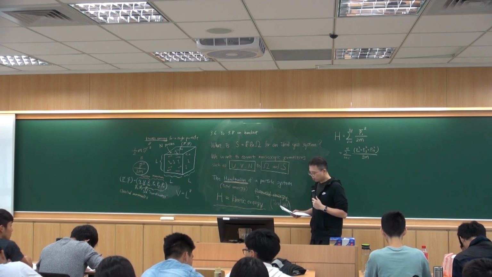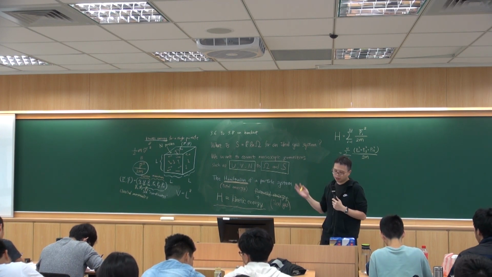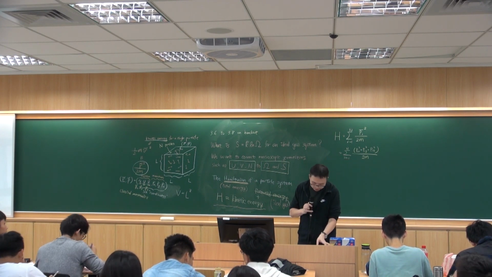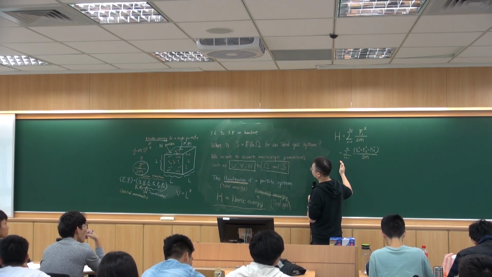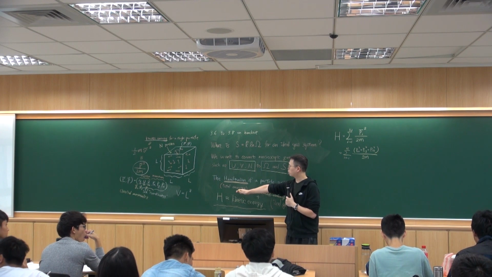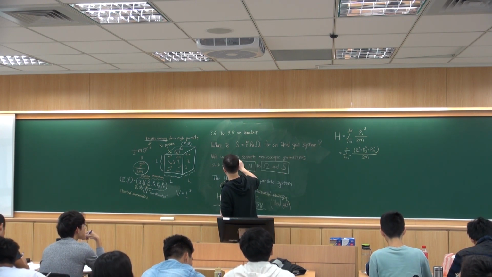Okay. So after we define this, we want to see how we can calculate omega. And let's say this Hamiltonian, of course, because it describes the total energy, is related to this U over here.